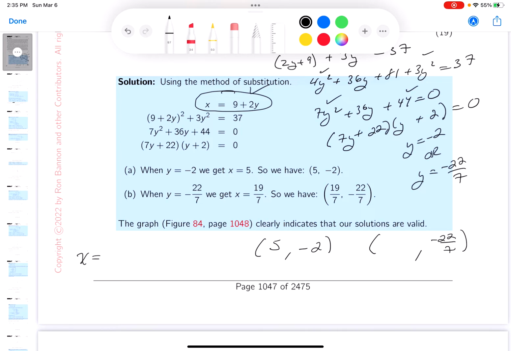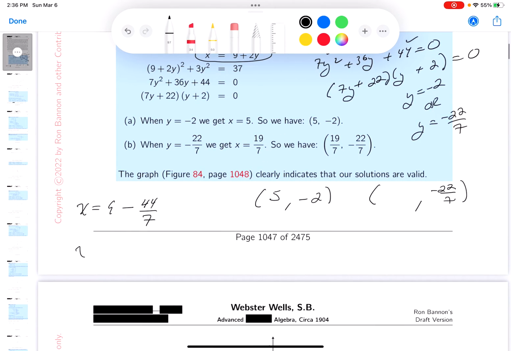x equals 9 minus 44 sevenths. Common denominator, 7. That's 63 minus 44.